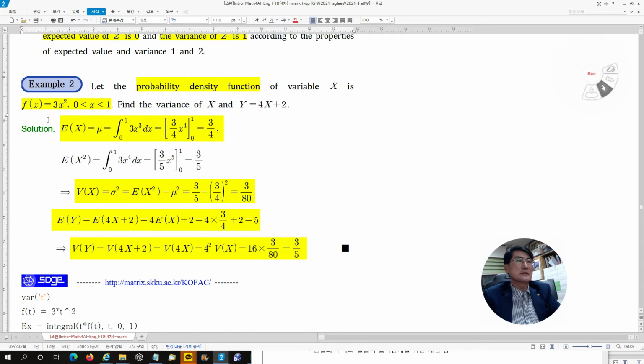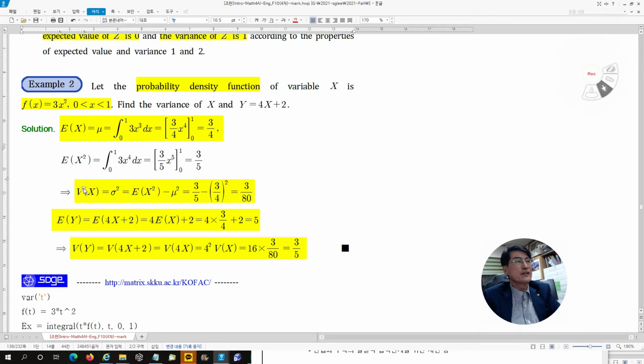This is a continuous function, so the expected value mu is the integral from 0 to 1 of 3x squared dx, which is 3 over 4, and E of x squared is the integral from 0 to 1 of 3x to the fourth dx, which is 3 over 5.